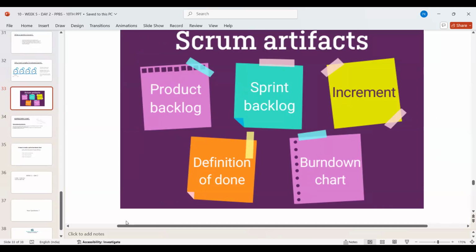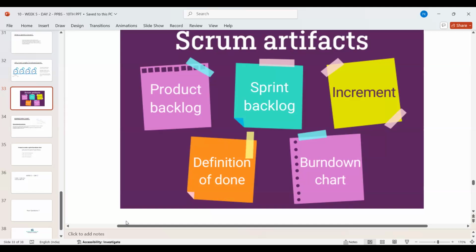Scrum artifacts: product backlog, sprint backlog, increment, definition of done, burn down chart.